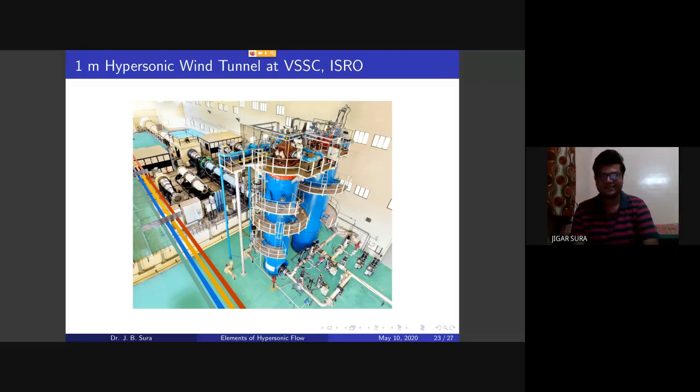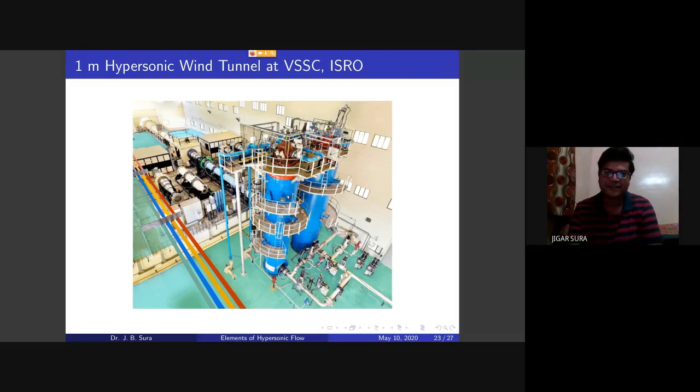1 meter hypersonic wind tunnel. What is that 1 meter? It is the test section dimension. If you see the blue pipings, behind that you will see one small gray color, brown color structure. It is the test section. The two small cylinder type of things that you see towards the middle left region is the nozzle. So different nozzle, different Mach numbers.